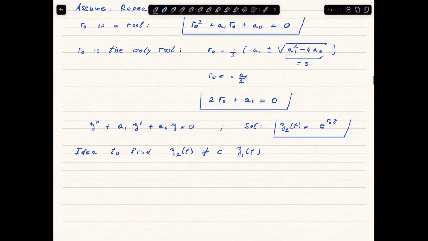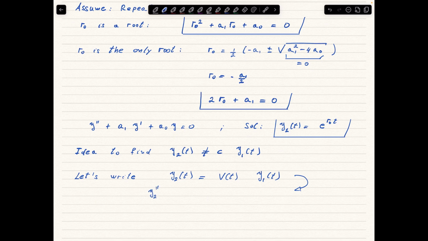Well, the idea is to write the solution we are looking for, y2, as some function v(t) times the first solution, the solution we already have. Put that into the equation.